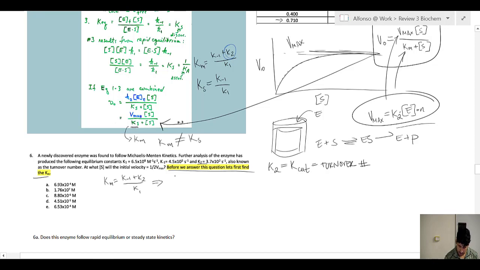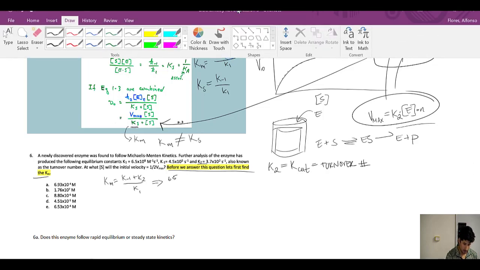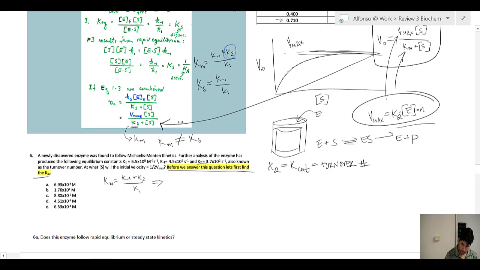And so Km is, whoa, that's wrong. So Km is 4.5 times 10 to the 5th inverse seconds plus K2, which is 3.7 times 10 to the 2nd inverse seconds, over K1, which is 6.5 times 10 to the 8th inverse molar inverse seconds.